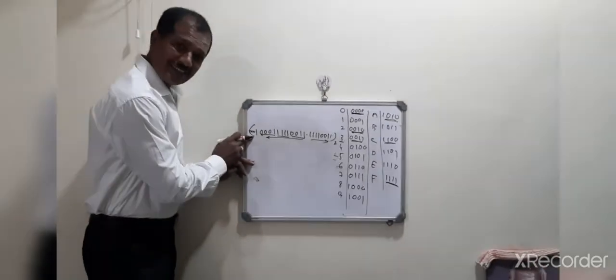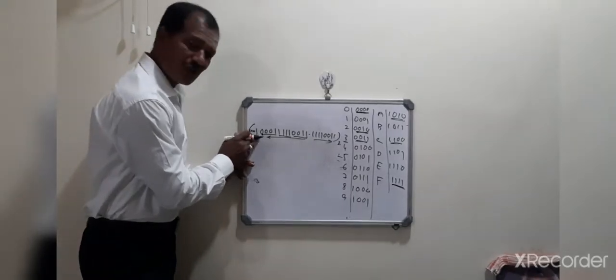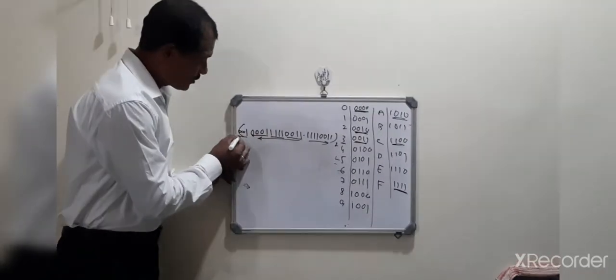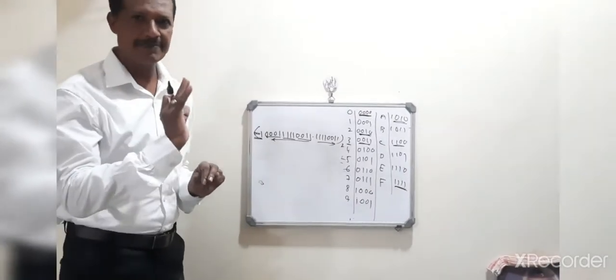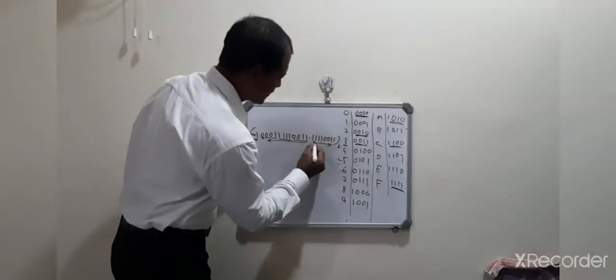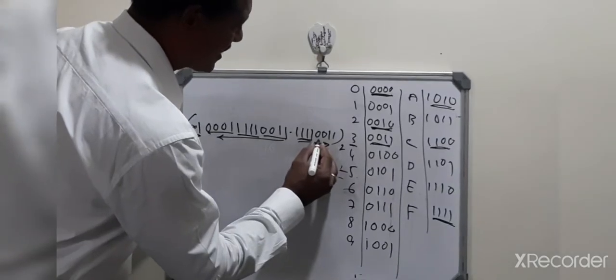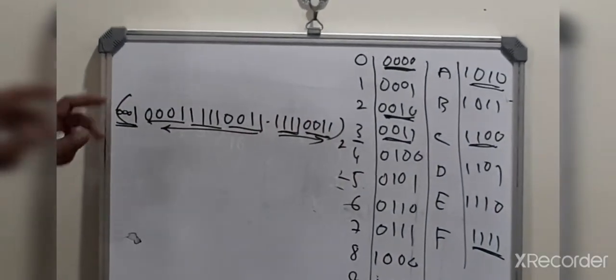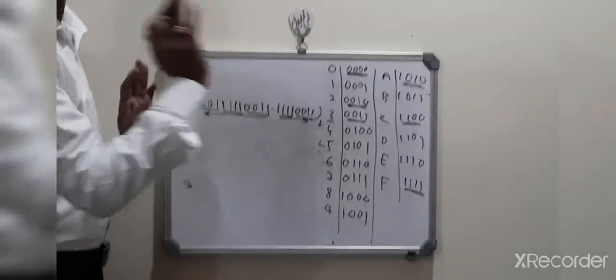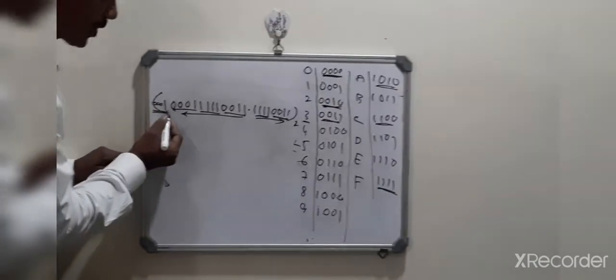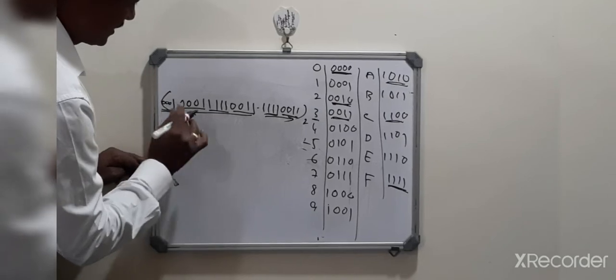Convert this into a group of 4 bits. So 1 or 0001 are both the same. You have to make it a group of 4 bits, each equivalent to a hexadecimal digit. So this is 1111. Here it is 0011. Now for each 4-bit group, the equivalent hexadecimal digit: 0001, that is 1.